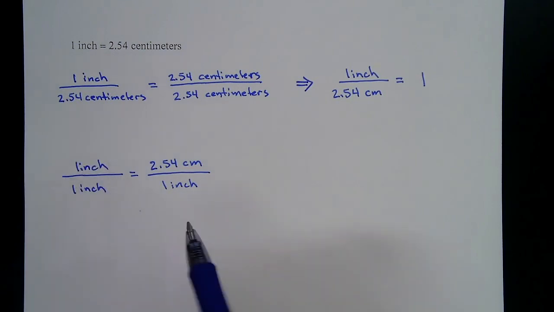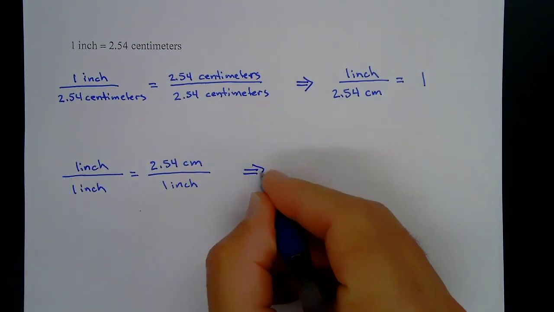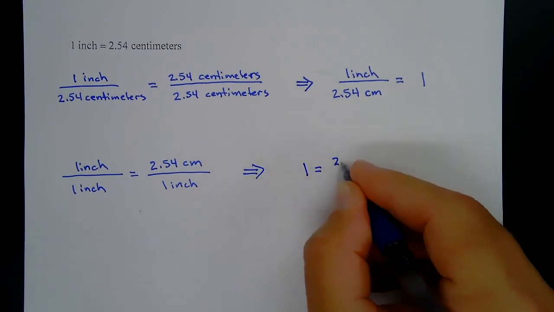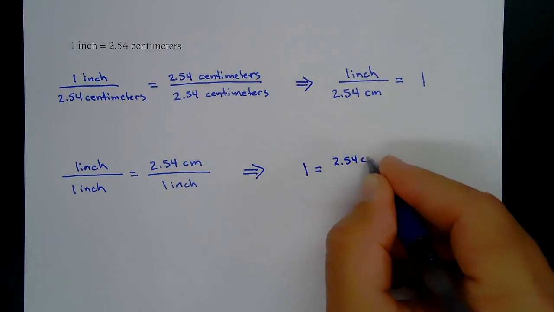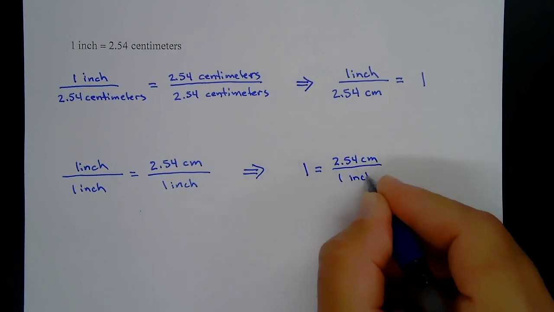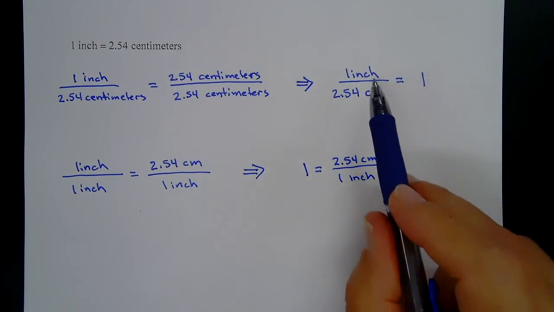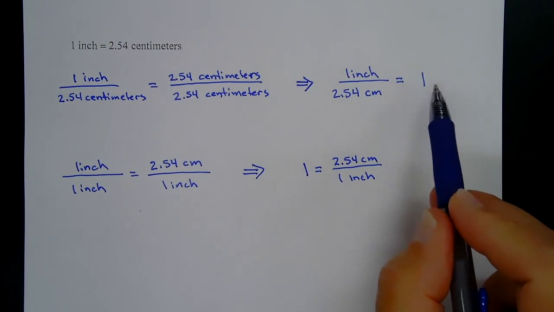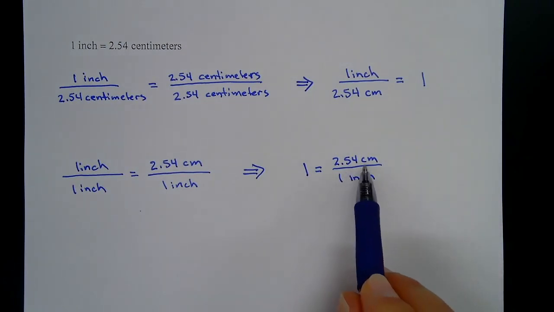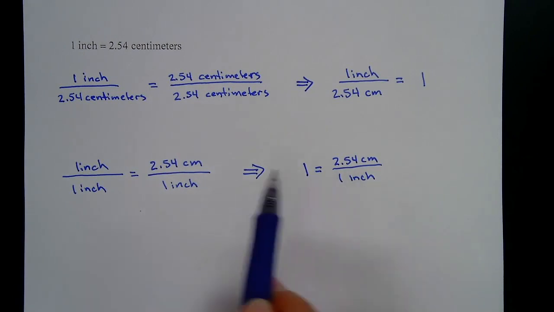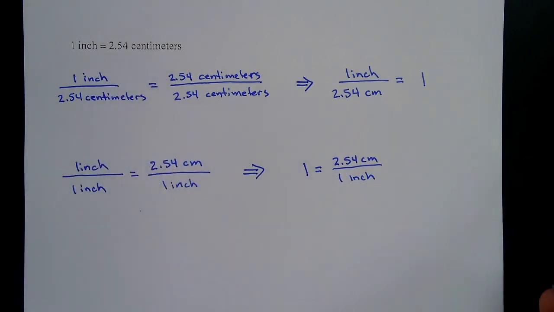This left side becomes 1. So what this is telling us is that 1 is equivalent to 2.54 centimeters over 1 inch. So 1 inch over 2.54 centimeters is equivalent to the number 1, and also 2.54 centimeters over 1 inch is also equivalent to 1. It's just one or the other on top of the other. That's all it's always going to be.